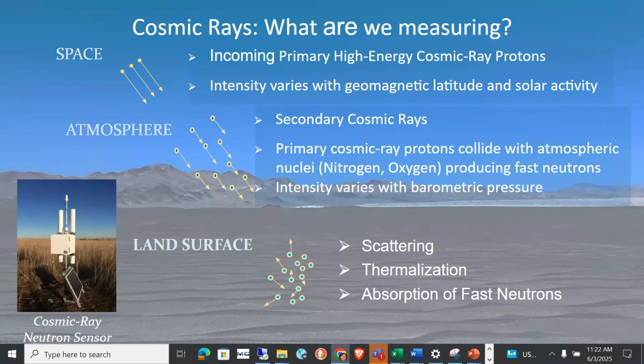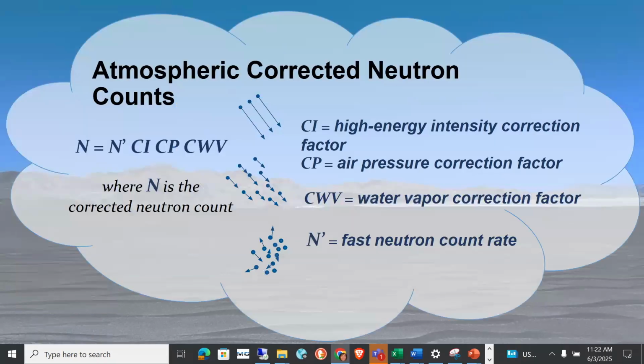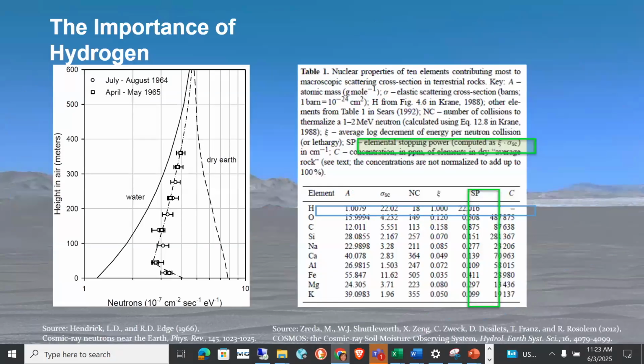And then finally, they scatter when they hit hydrogen primarily at the ground surface. There's thermalization and absorption of these fast neutrons. So this is nothing that we're doing new. It's just to mention that we do correct for these atmospheric conditions before using that count as a corrected neutron count. So our sensor is using what we call a corrected neutron count.